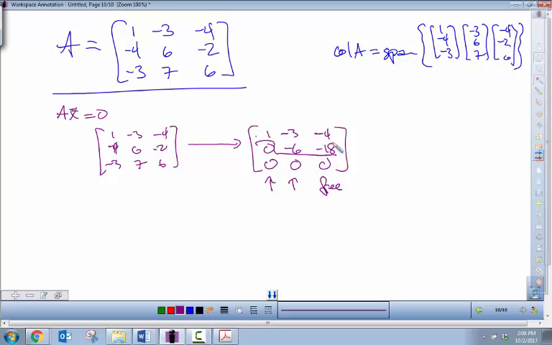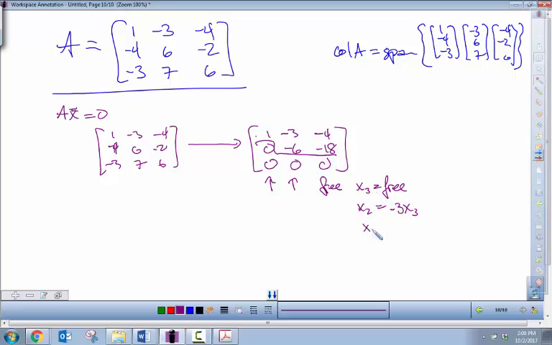So if we take it from here and we say x3 is free, then x2 is equal to negative 3x3.